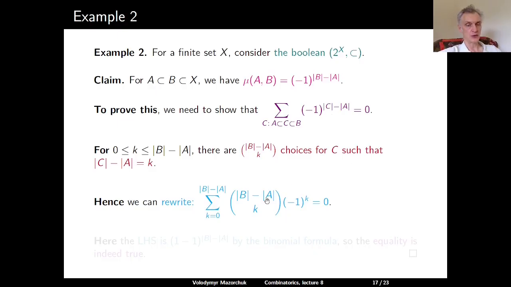Then our binomial coefficient, the cardinality of b minus the cardinality of a, choose k, and then minus 1 to the power k. But here we can immediately recognize this formula. The left-hand side is 1 minus 1 raised to the power the cardinality of b minus the cardinality of a, using the binomial formula. So this equality is indeed true, and this completes the proof of the claim.